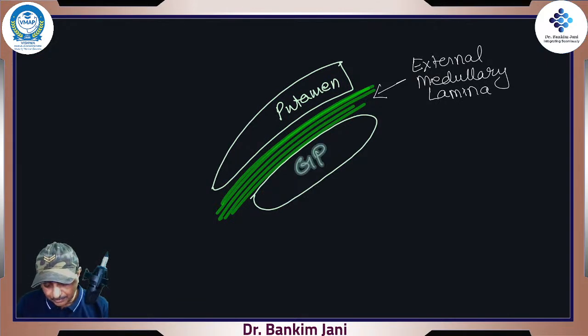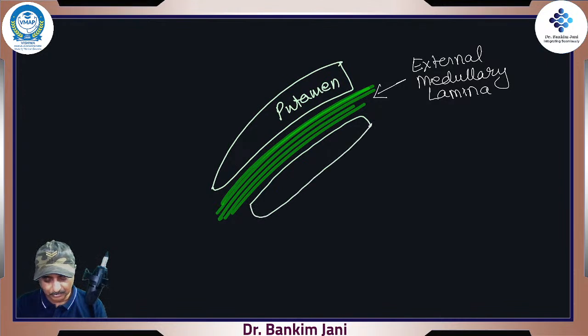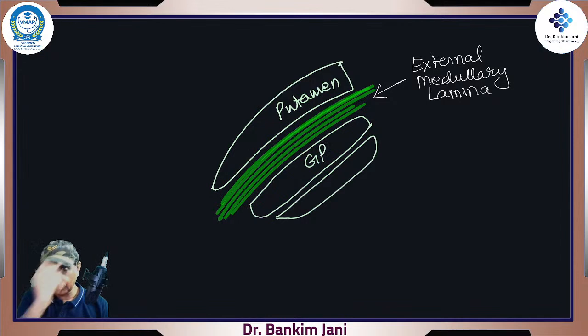Then this globus pallidus, we said that it has got two parts, medial and lateral. So let's draw them separately. In a single shot, we are finishing this part and then we'll go into the details. So this is globus pallidus. It would be external, correct? And this one would be globus pallidus internal, and in between there would be the fibers.